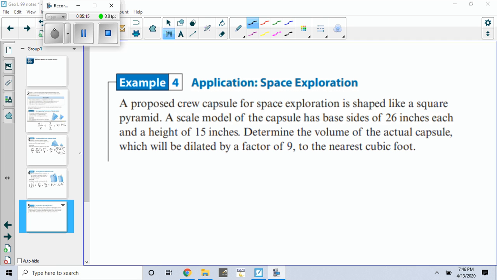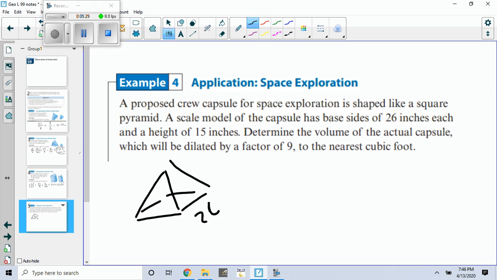The base sides are, so I'm going to draw that out the best I can. You guys know I'm not a great drawer. There it is. So there's my square pyramid. And this is the scale model. It has 26 inches on the side of the square, and then it has a height of 15.